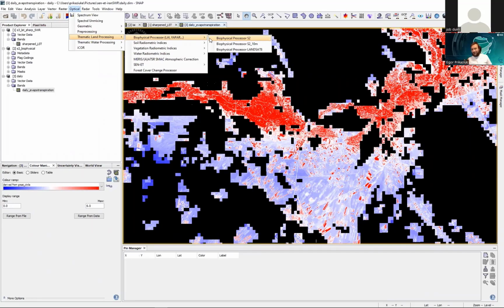As in the topic of evapotranspiration, you of course have to validate any observation with the ground measurements that you have, if you have them. But it is quite general because it's based on a radiative transfer model inversion, which is supposed to be general in this respect.